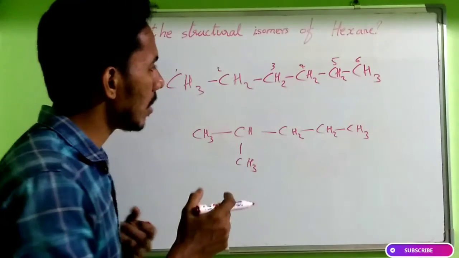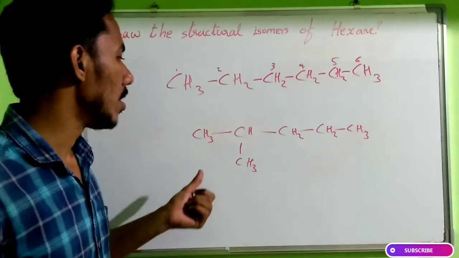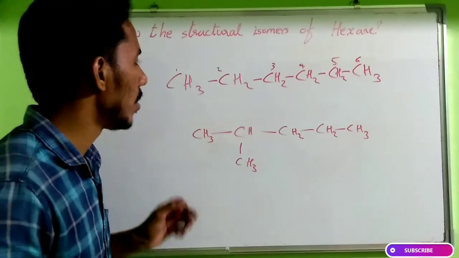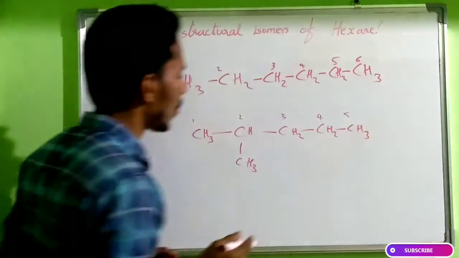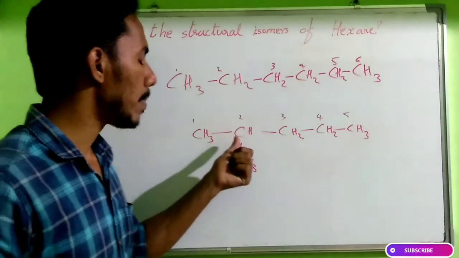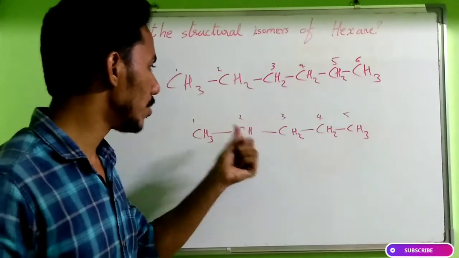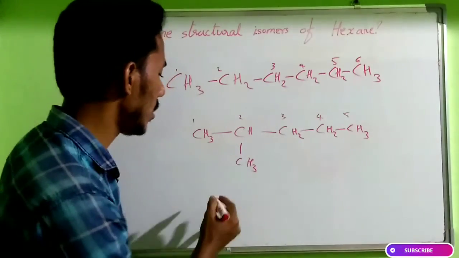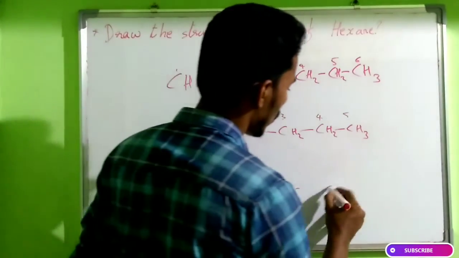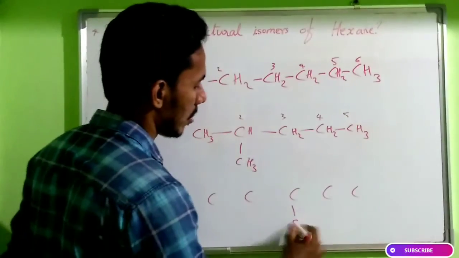Then there is one more isomer. First, we drew this branch on the second carbon. Then we move it to the third carbon. 1, 2, 3, 4, 5, 6.